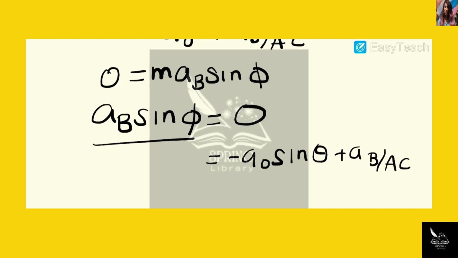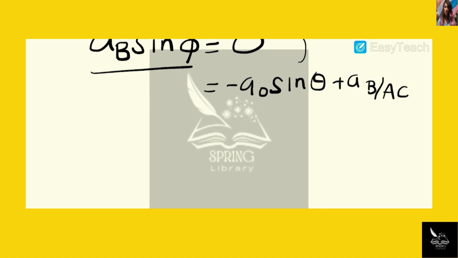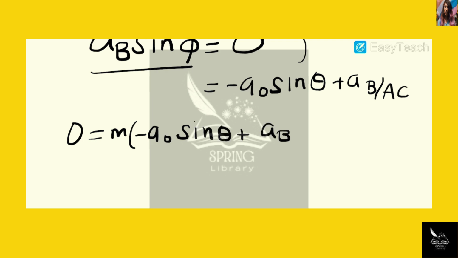Now what we can do is go ahead and plug this back into our original equation here. And what we get is that 0 is equal to m times negative A0 sine theta plus AB given AC.